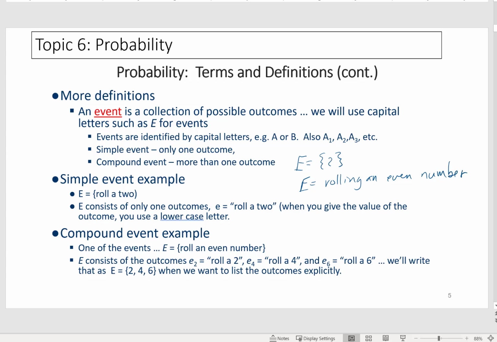But if I want to explicitly write what that means, I could do 2, 4, 6. So I could subscript these to show that I'm talking about 2 different events that could possibly happen in this situation where I roll a dice. This one would be a simple event. This one would be the compound event.